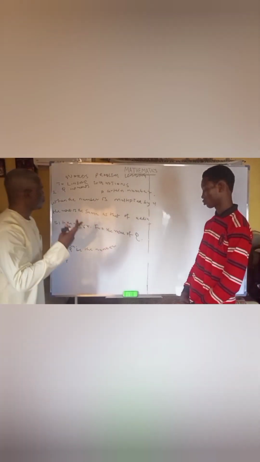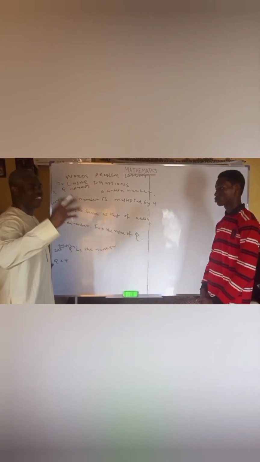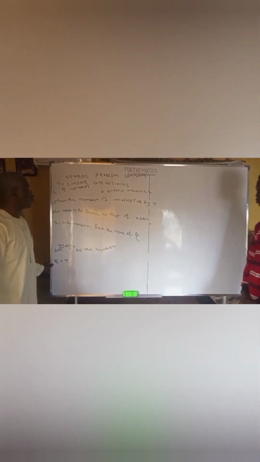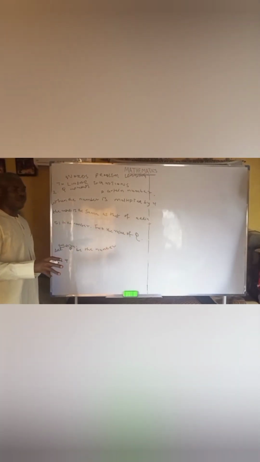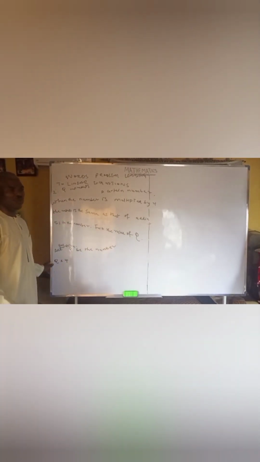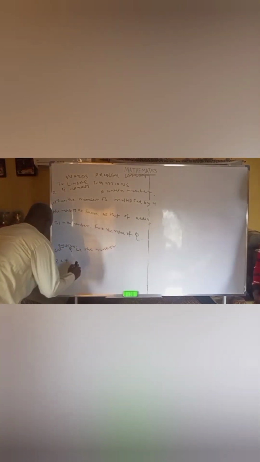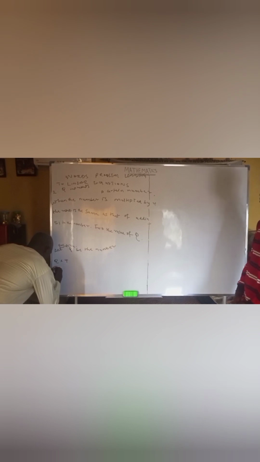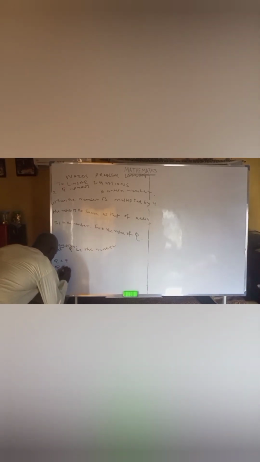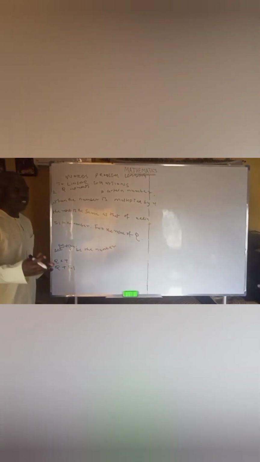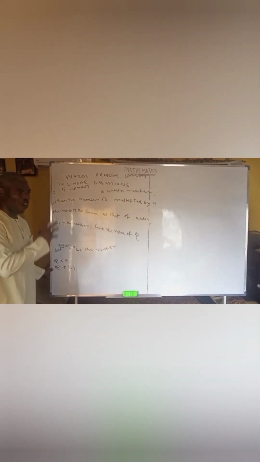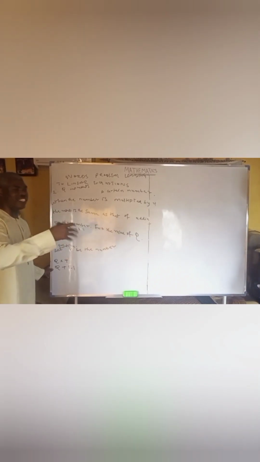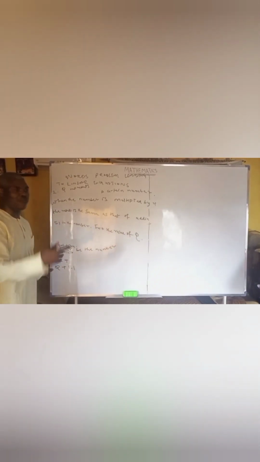And they say that the result is the same thing as adding 51 to the number. You see? So we'll now add 51 to the same number, which is Q. So we have Q plus 51. It therefore means when you multiply the number by 4, it's the same thing as adding 51 to the same number.